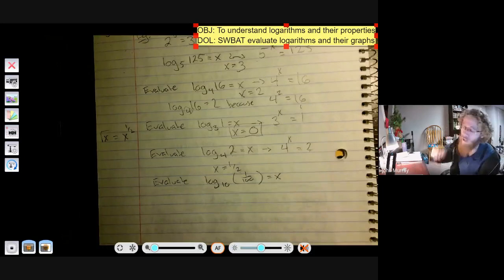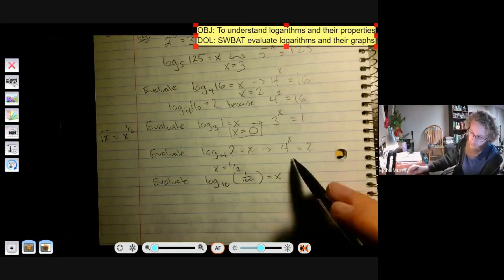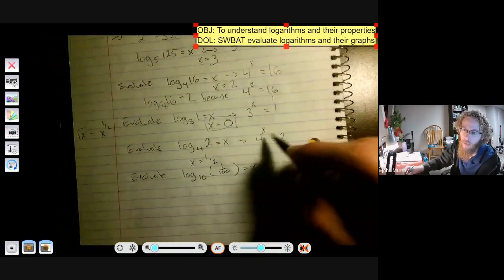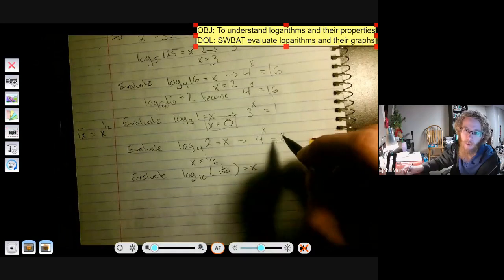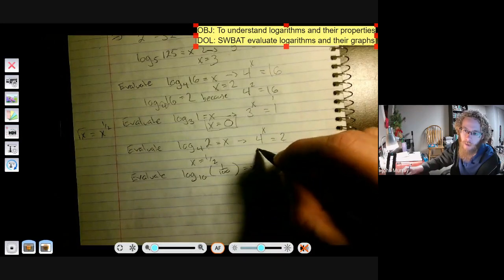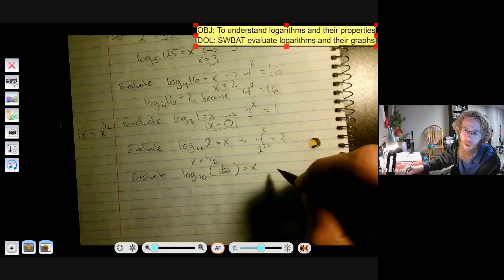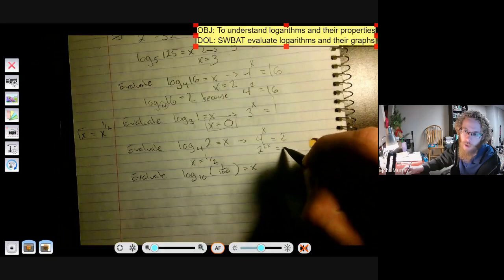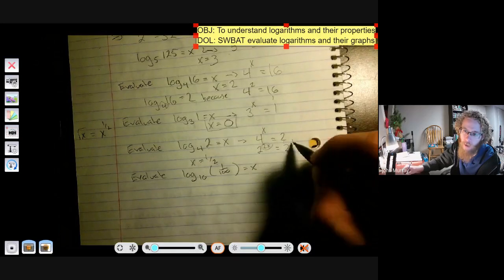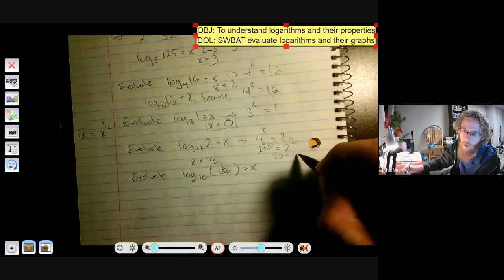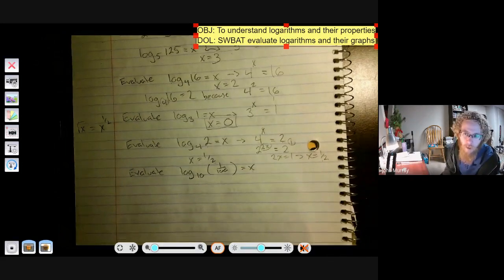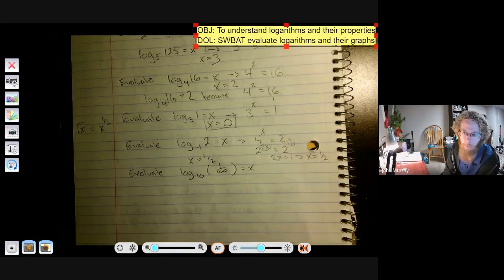Before I go on, we could have solved the previous one using what we did last week with our exponents. 4 to the x is also 2 to the 2x, if we find a common base, and then this would be 2 to the first. And then I have 2x equals 1, or x equals 1/2. So you can always fall back to that algebra way of solving if you get stuck.